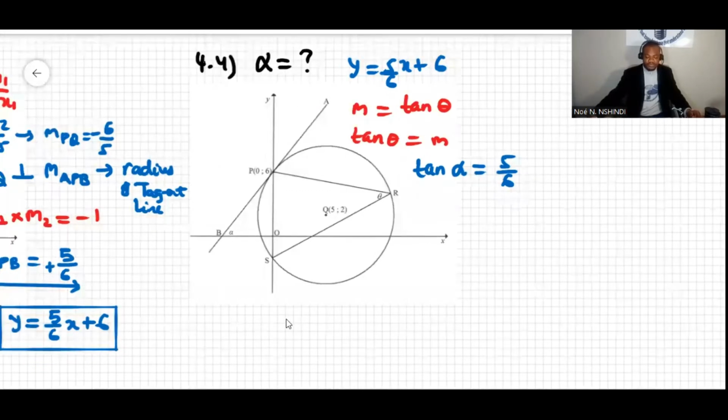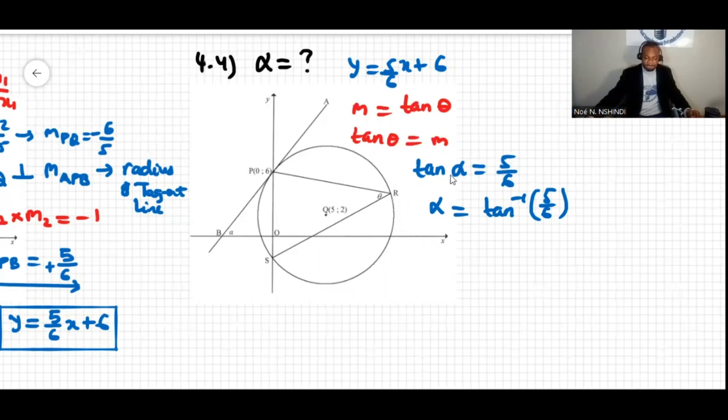Now we can use our calculator to find alpha. Alpha will be equal to tan inverse of 5/6. Careful, this -1 here is not an exponent. It's just the way the calculator types the inverse function of tan.